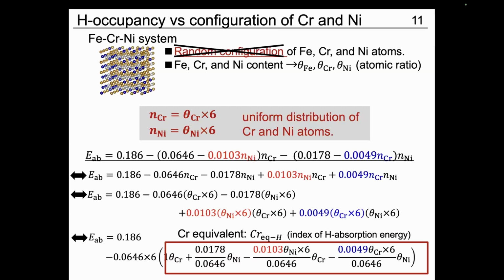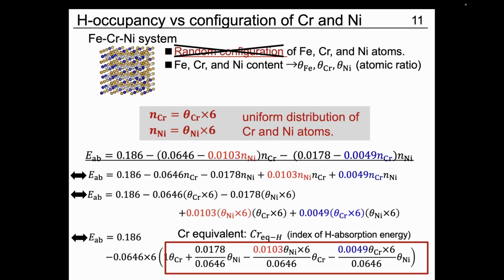This equation means all of the octahedral sites in the ternary system have the same number of chromium and nickel atoms. By substituting this equation into the hydrogen absorption energy, we can represent the hydrogen absorption energy as a function of the atomic ratio of chromium and nickel atoms.